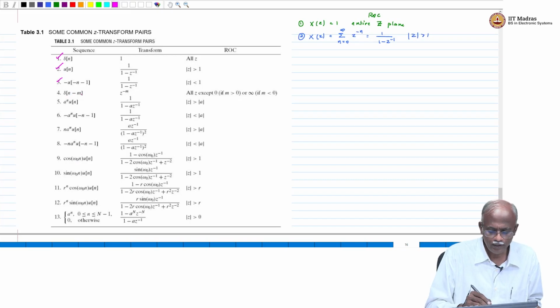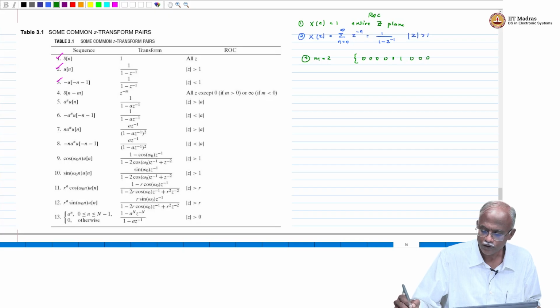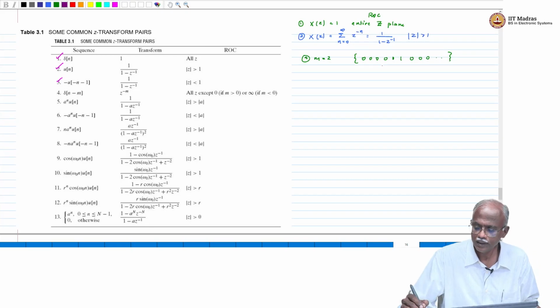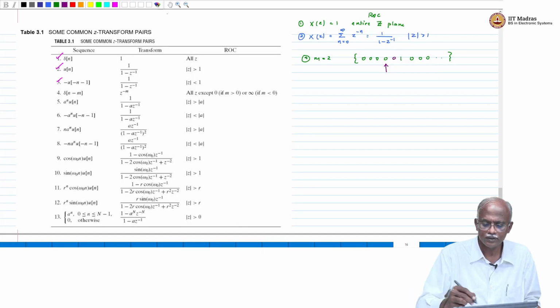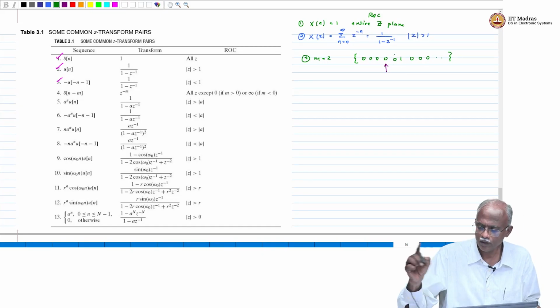Now delta of n minus m, let us take m equal to 2. In this case, the sequence is 0, 0, 0, 0, 0, 1, 0, 0, 0, and the origin is here. At a delay of 2 units, you have a single non-zero value.